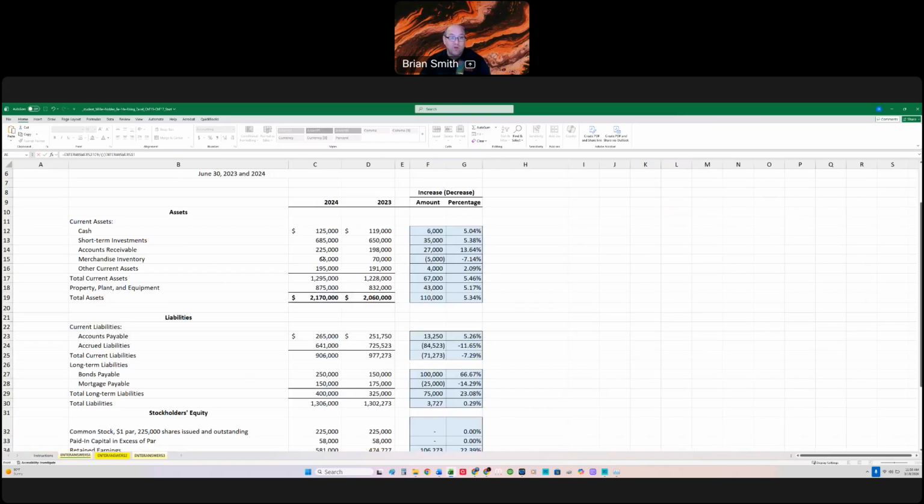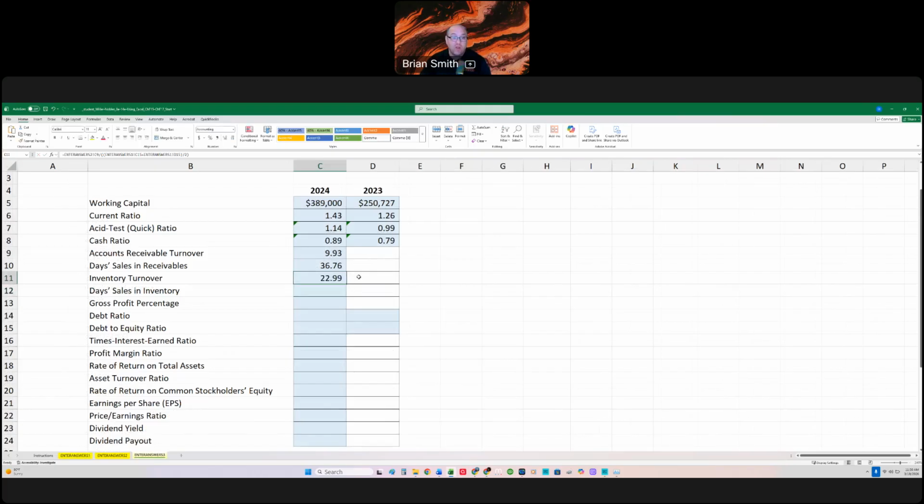Merchandise inventory, we're going to take in enter answers 1, C15 plus D15, close parentheses, divide that by 2. I personally like the average better. I don't like what they're doing here, but whatever. And I get 22.99.